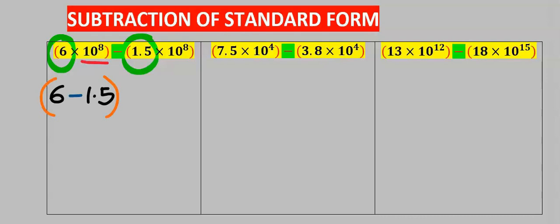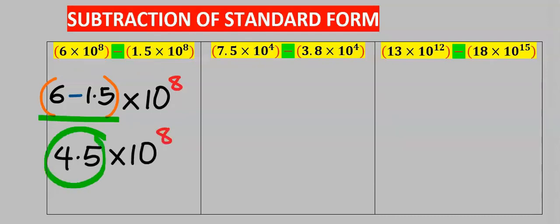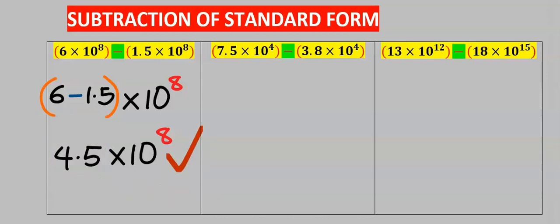Next, since the powers are the same, I will multiply this by 10 to the power of 8. 6 minus 1.5 is 4.5. 4.5 is between 1 and 10. This is our answer.